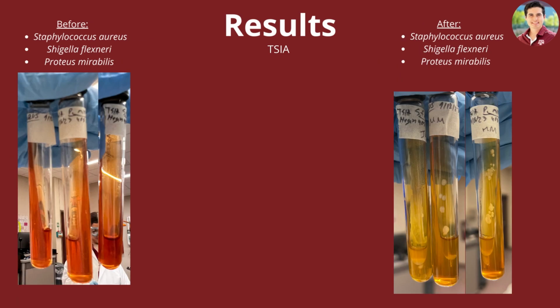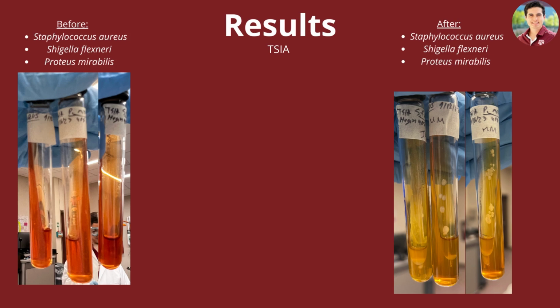Now, looking at the rest of our microorganisms for the TSI agar exams on Staphylococcus aureus, Shigella flexneri, and Proteus mirabilis, we can see that before, then looking at the after results, we can see that all tubes turn yellow, meaning both the slant and the butt are acidic.